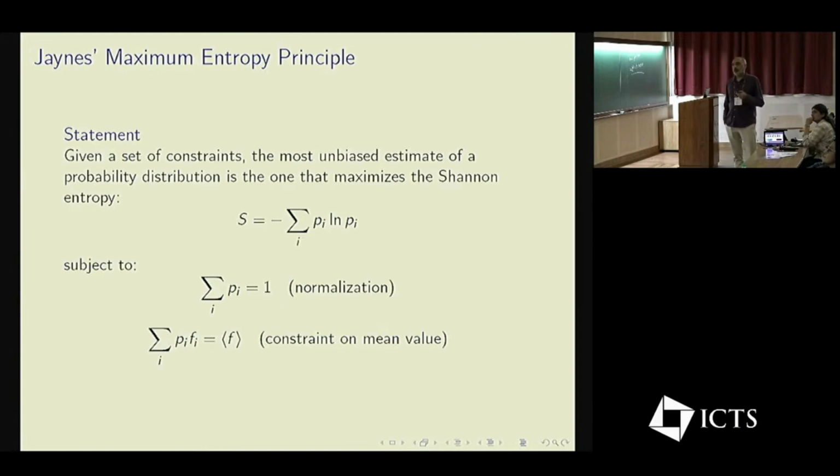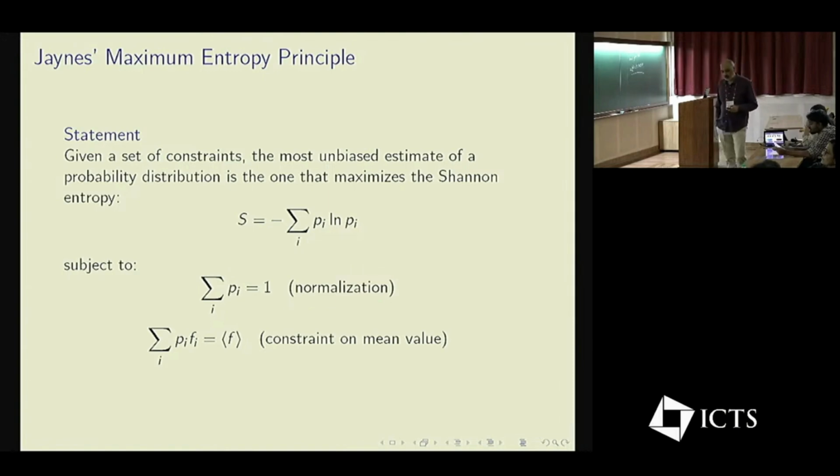Now, there are many ways to derive the canonical distribution, and one of the alternative ways is Jaynes' principle. Jaynes' principle of maximum entropy says that if you are given a set of constraints in the form of mean values, so the mean value is constrained to have this value, then the most unbiased estimate of a probability distribution is the one that maximizes the Shannon entropy.